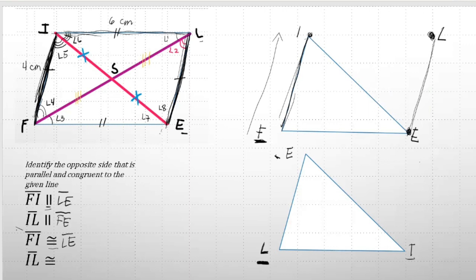Okay, so now let's proceed in identifying the congruence of line IL. Okay, so again, if ever that you need to find the congruence line or congruence shape, you need to flip or rotate our shapes. Okay, so now we have the line IL. So yung line IL natin is here. Line IL, we start from right, then proceed to left.